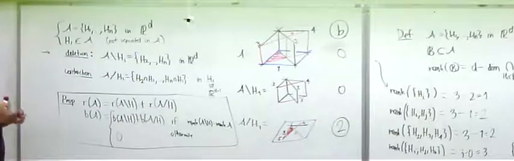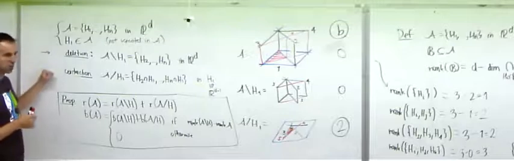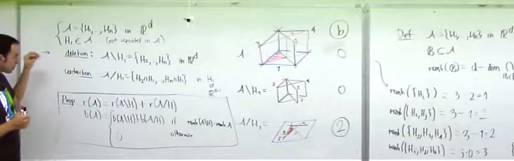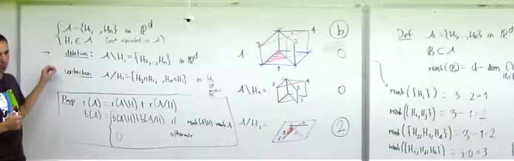Now, there's one important thing that you should understand about these 2 operations of deletion and contraction. They're very, very important, and these are generally the tools that allow you to do inductive arguments for hyperplane arrangements. Okay.